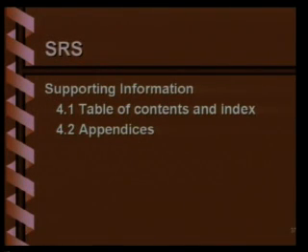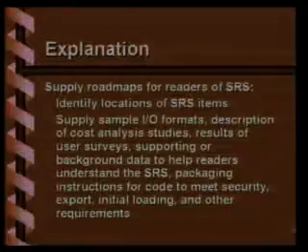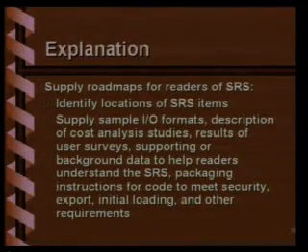Supporting information may be a table of contents and an index. Once again, we already developed the table of contents first, and the index may be an additional thing. And normally we provide appendices. The model which we develop normally constitutes part of the appendices. Anyway, let's look into the explanation part. That is, it supplies a roadmap for readers of the SRS.